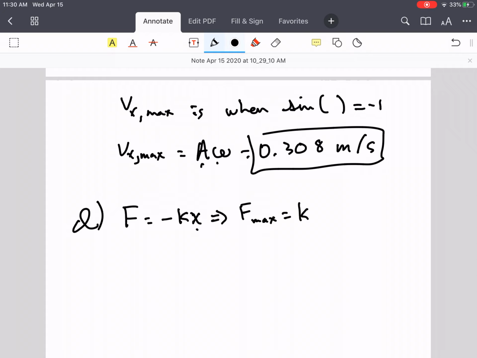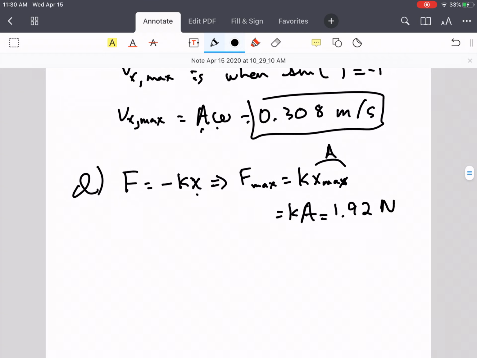So that's just k times the maximum value of x. And remember, the maximum value of x is just the amplitude. So that's k times a. And when you plug this in, you will get 1.92 newtons.